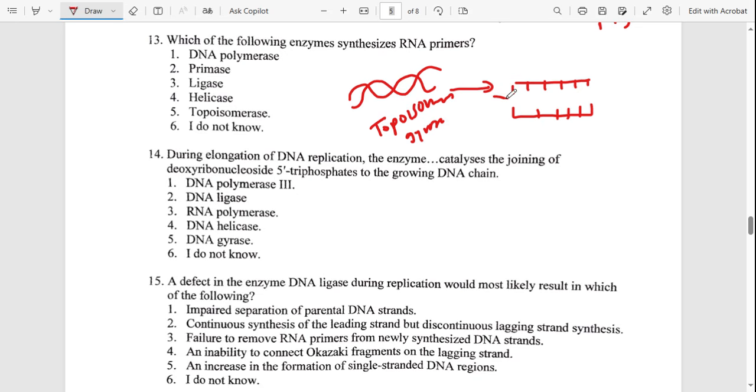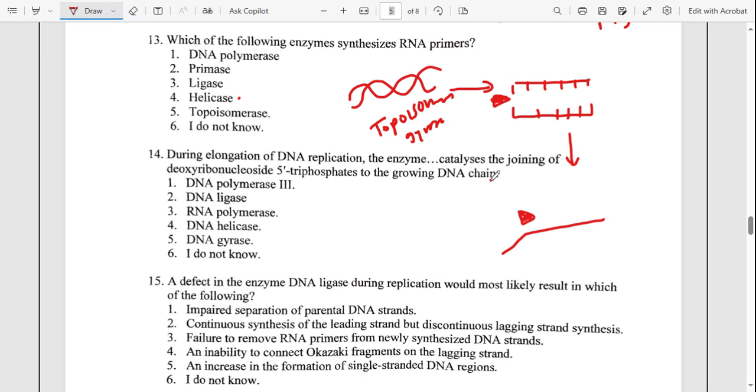And then another enzyme will come in and start separating the strands, and so what you'll be able to see is this. This enzyme that is separating the two strands, we call it helicase, which is this one. Helicase is separating the strand.